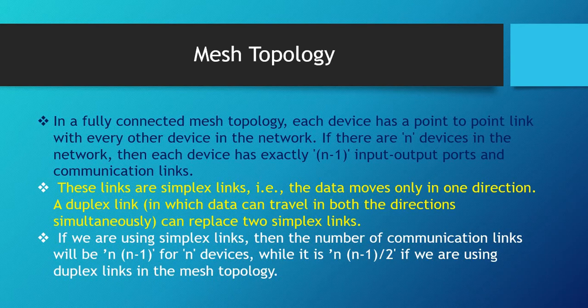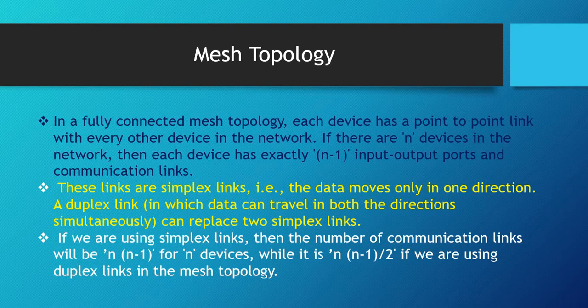ports and communication links are needed. Now, these links are simplex links, where the data moves only in one direction, and duplex links, in which the data can travel in both directions simultaneously. So that is the difference between simplex and duplex links.